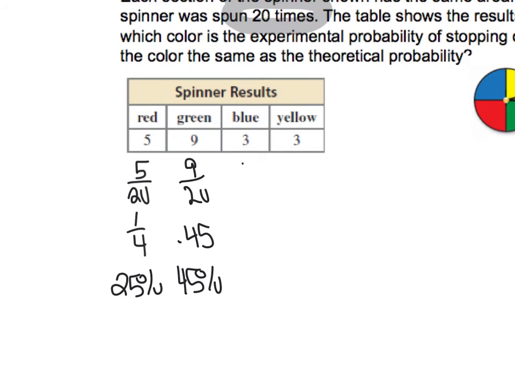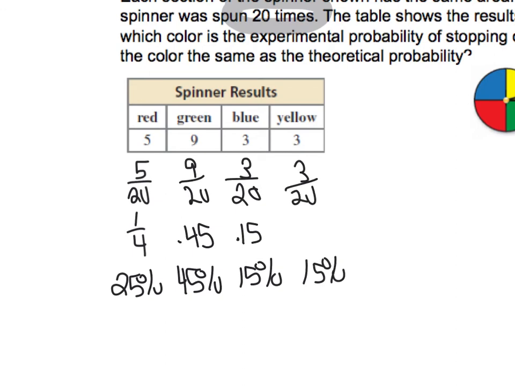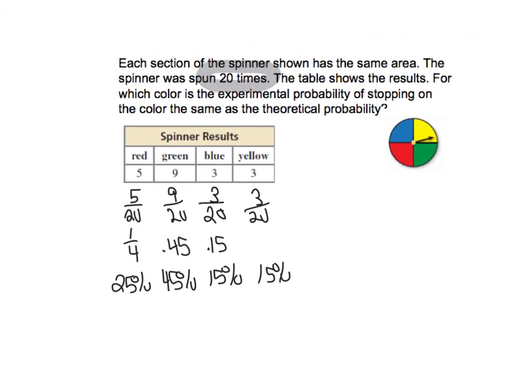Blue is 3 out of 20, and 3 divided by 20 is 0.15. So they got blue 15% of the time, and they also got yellow 15% of the time because it's also 3 out of 20.